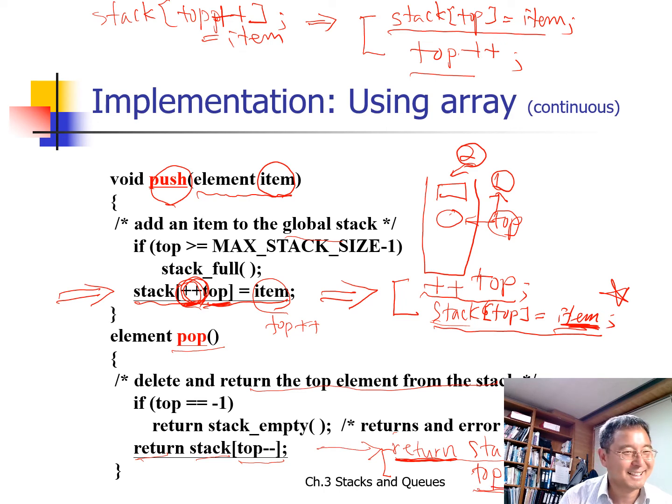It's confusing, but the meaning is that you are returning top first and then decreasing top index by 1. Okay, so this is also an important one. You must place minus minus after top index. If you decrease top index first, then you will return the wrong element, not the correct element. Okay, so you must be careful. Okay, that's all.